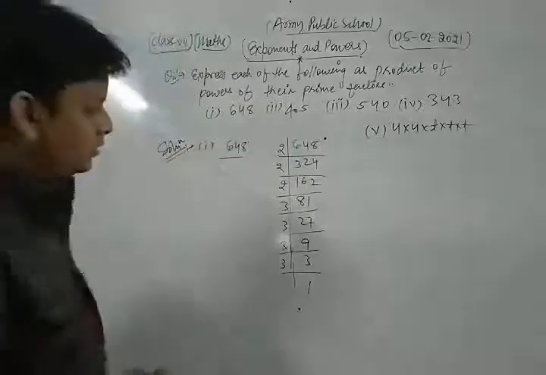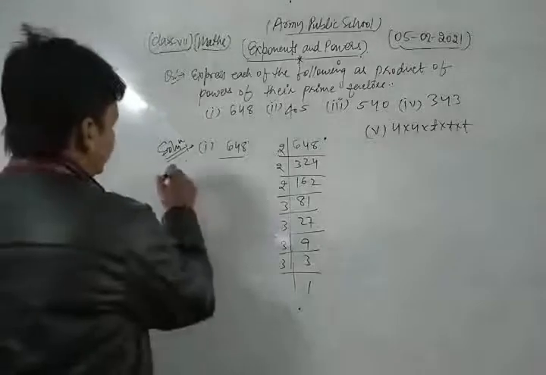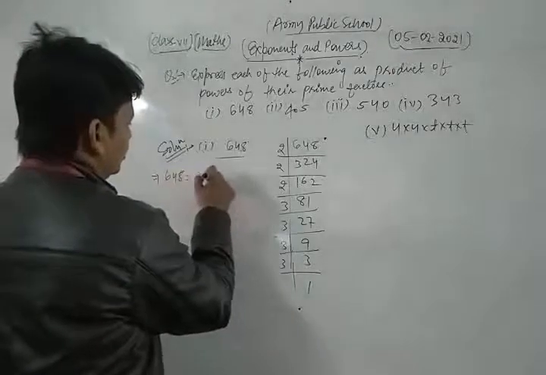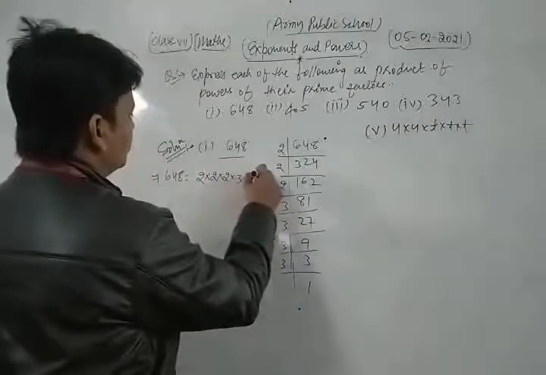So first of all, dear friends, we do the prime factorization. After that we get 648 is equal to 2 into 2 into 2 into 3, 3 mentioned 4 times.